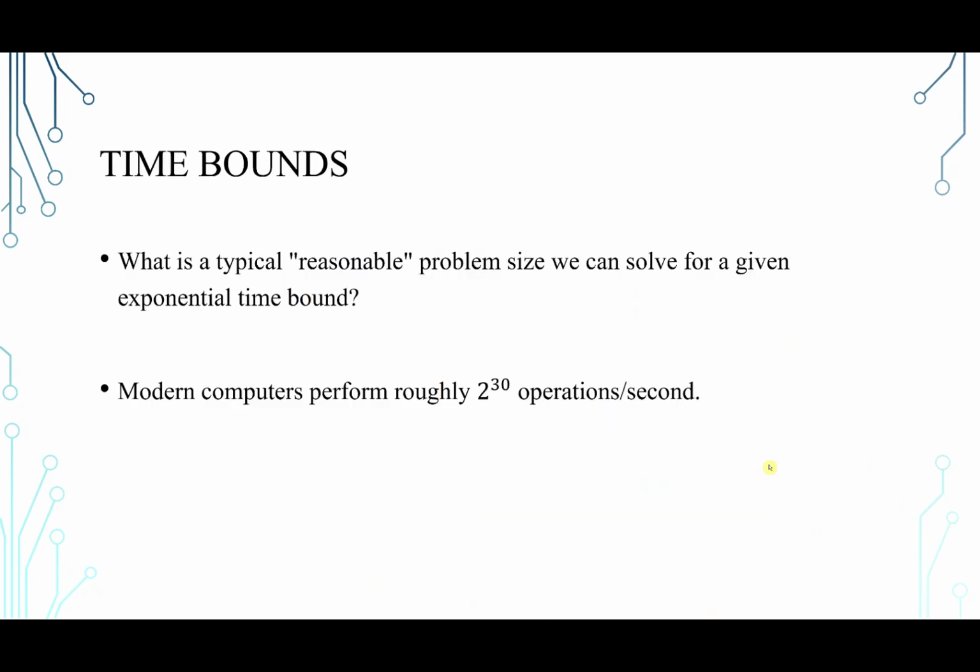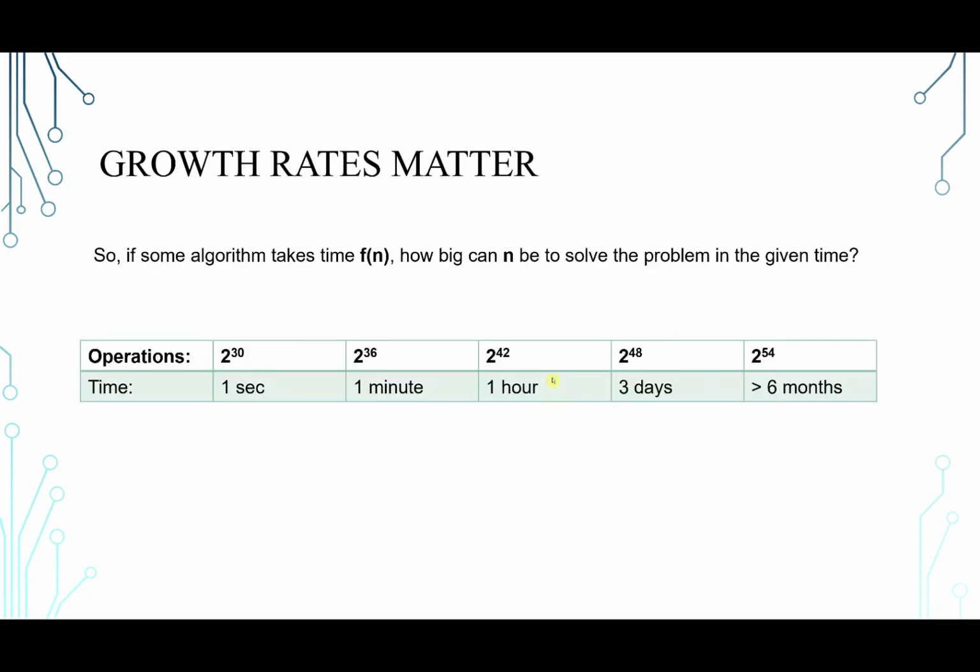So what is a typical or reasonable problem size we can solve for a given exponential time bound? If you know that a modern computer will perform roughly 2 to the power 30 operations per second, then if the operations were 2 to the power 30, we have 1 second. 2 to the power 48 takes 3 days.